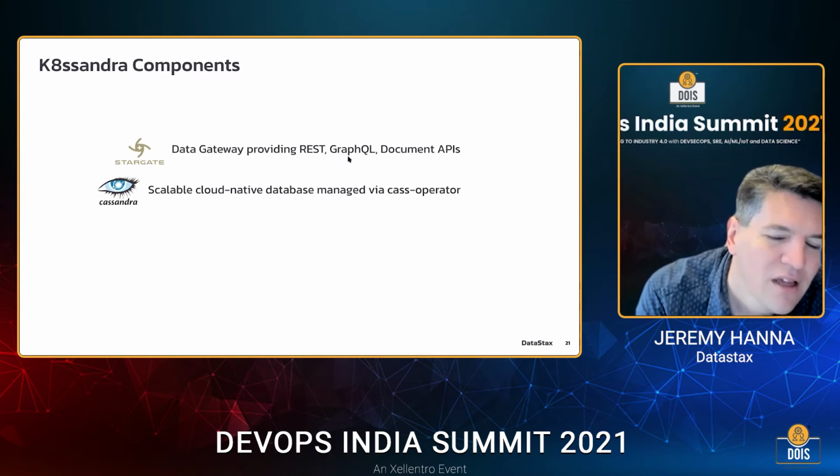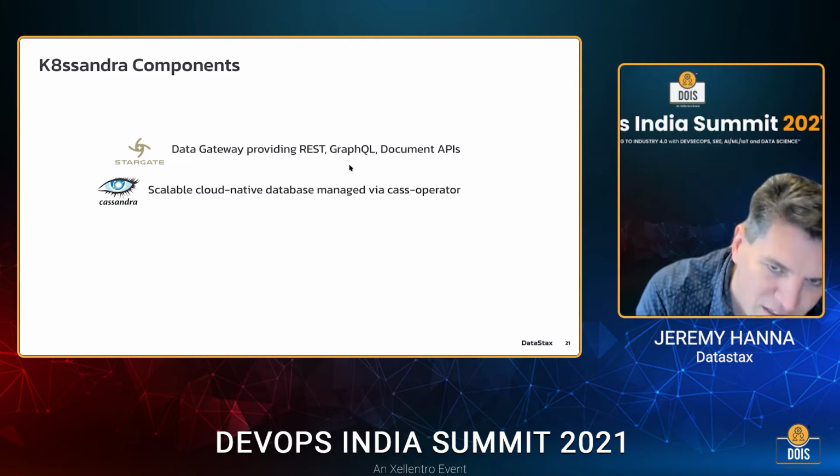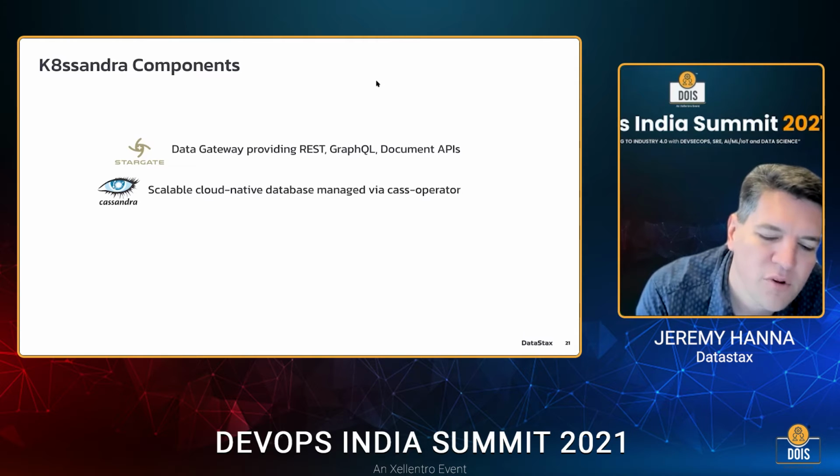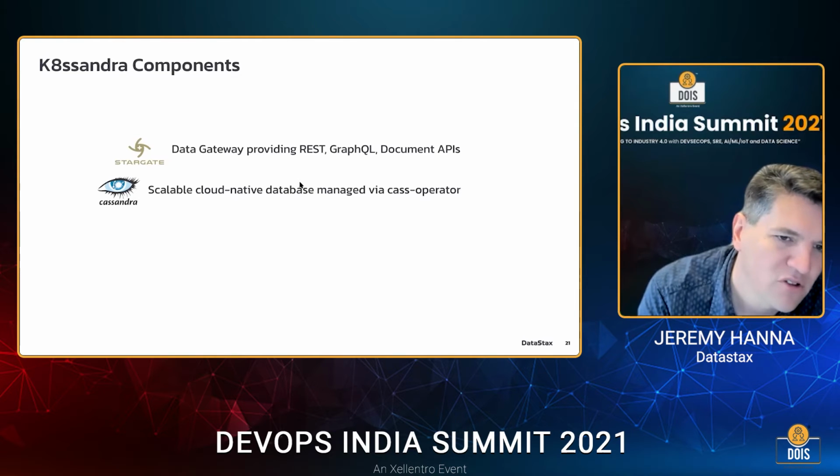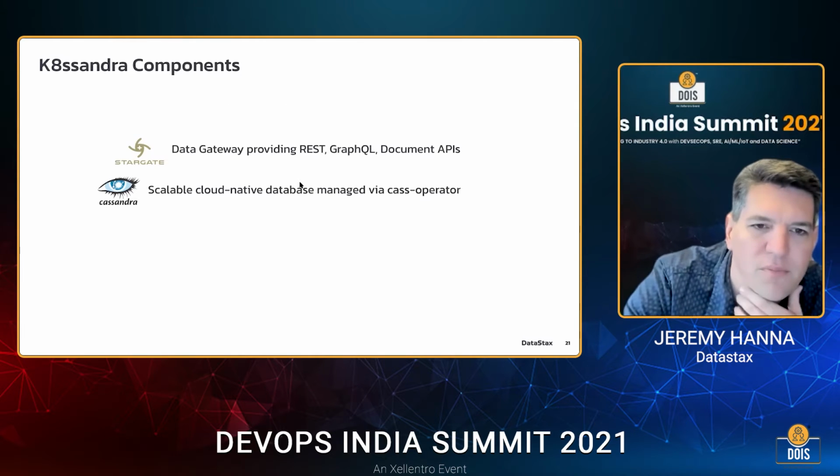Like with GraphQL, it'll reserialize that data and pull it back up to the application. So it makes it so that your developers don't have to worry about what's under the covers. That's kind of the take home.